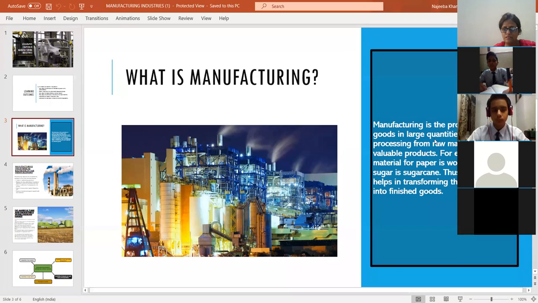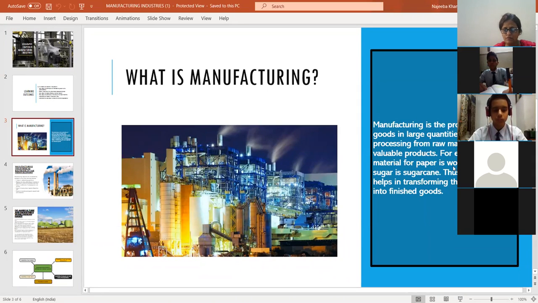Here, raw material is converted into finished goods. Raw material is processed into finished goods. Example, the raw material for paper is wood and for sugar is sugarcane.